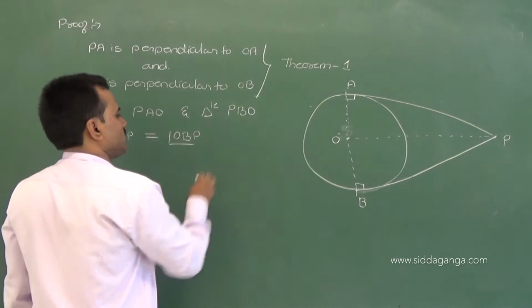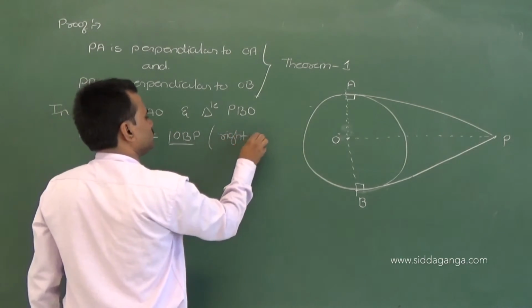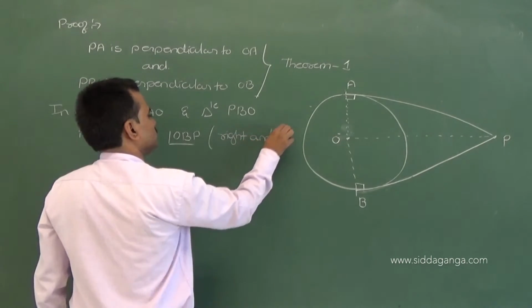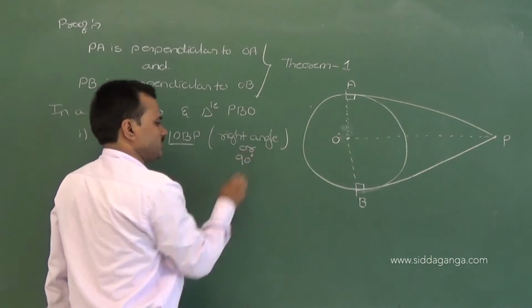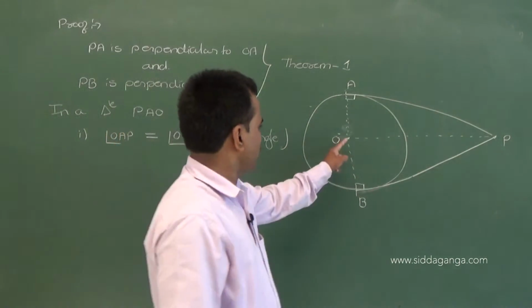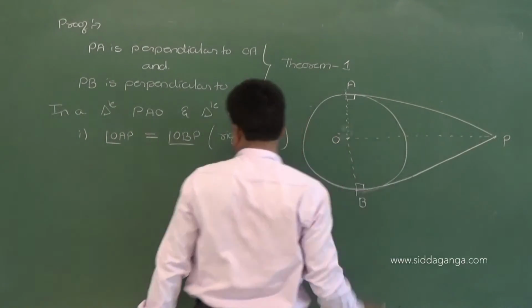Correct now? Because right angle, 90 degrees each. Angle OAP is equal to angle OBP.